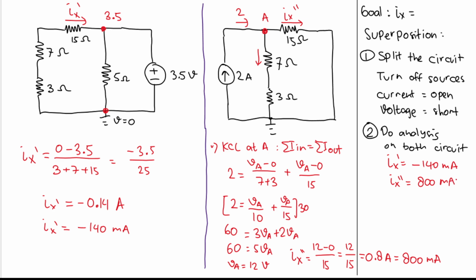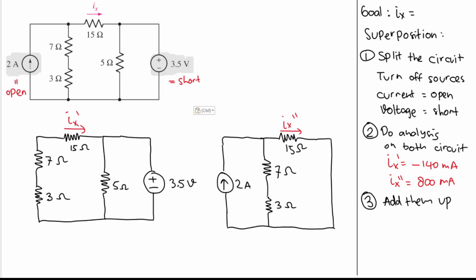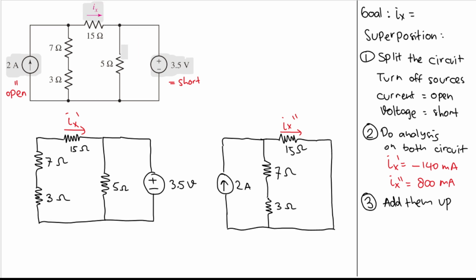Good. And what can we do next? We can just add them up. Okay, maybe let's clean up our slide first. So the question is asking us about the original Vx, Ix here in the original circuit.